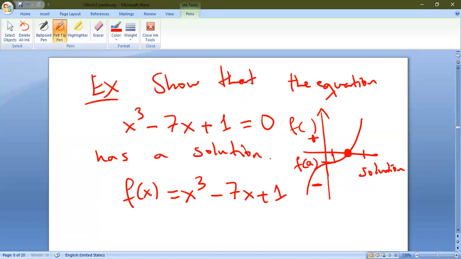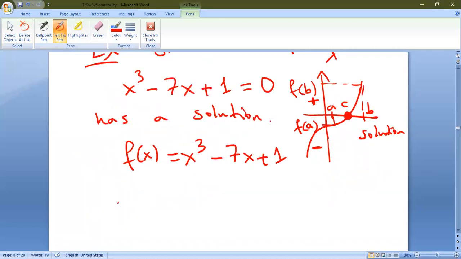So this is A, this is B, and I'm looking for a point like C. Let's say A is equal to 0. First I want to find some number where I get some negative number.